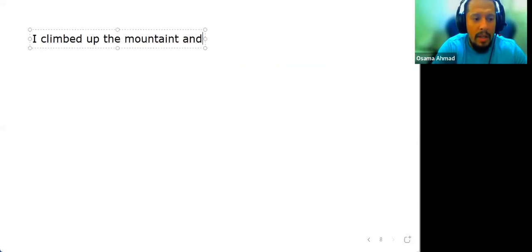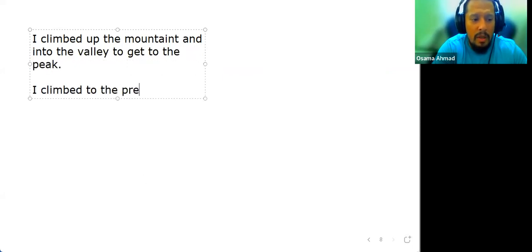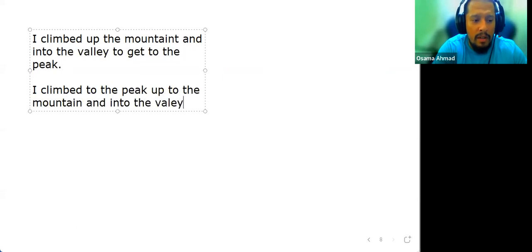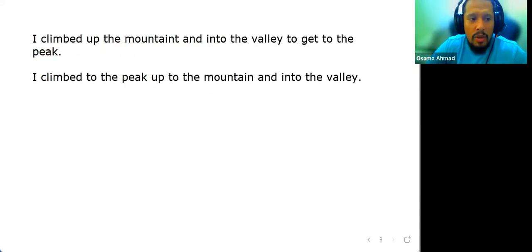Here's another example with a prepositional phrase, right? I climbed up the mountain and into the valley to get to the top, or to get to the peak. I climbed to the peak, up to the mountain, and into the valley. You see, these two are a bit more difficult. We have an issue in the preposition, right?